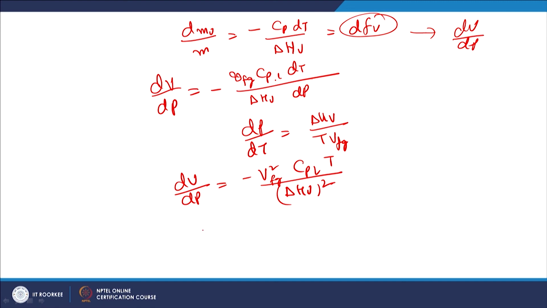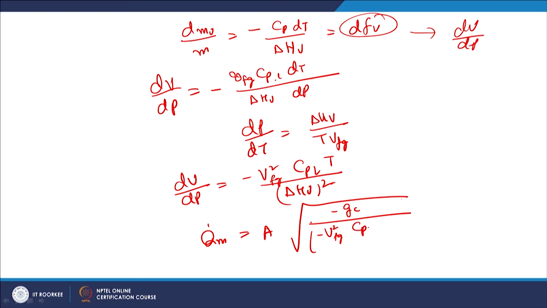So, we can substitute into the final relationship, that is Qm equal to A upon square root of minus Gc upon minus VFG squared Cpl T upon delta HV squared.